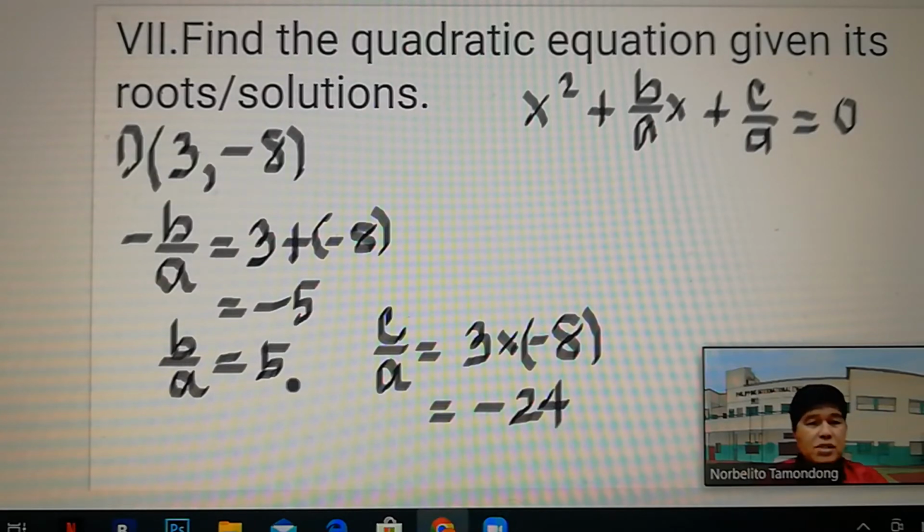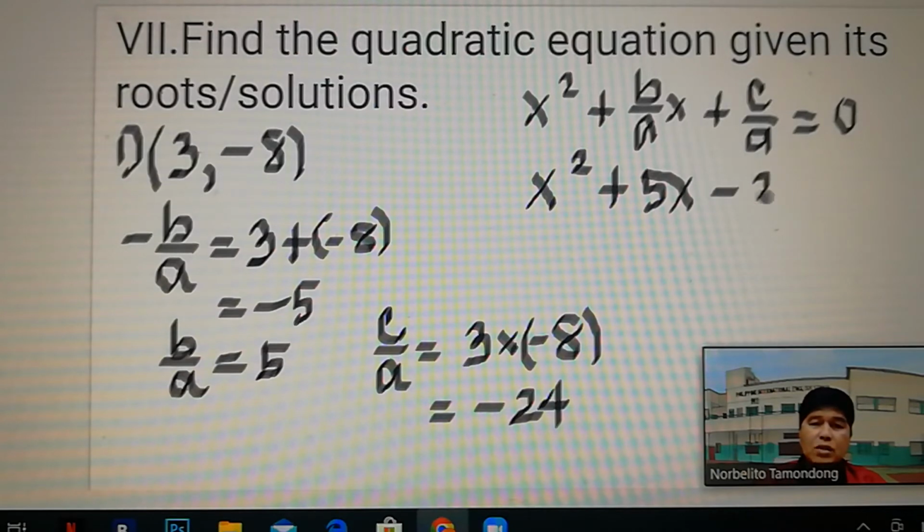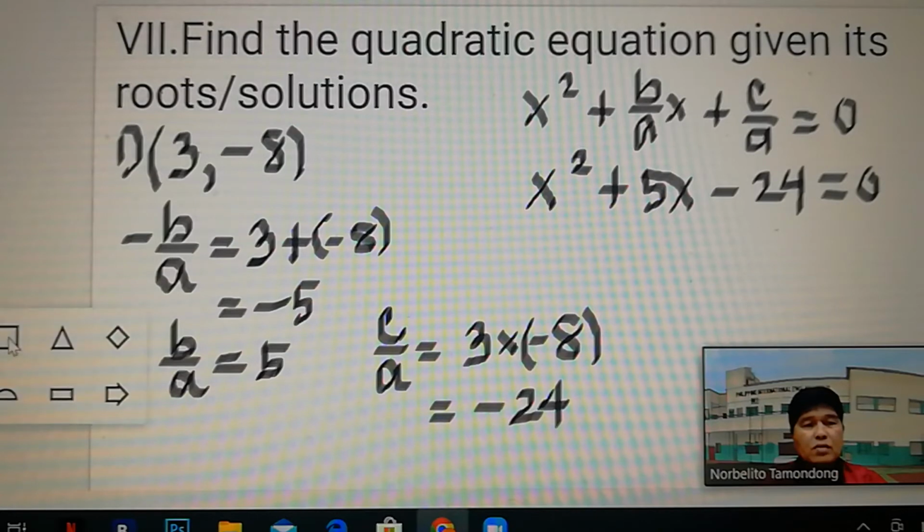Just substitute these two, 5 and negative 24, to the equation x squared plus b over a x plus c over a equal to 0. Simply copy x squared, plus b over a, which is 5, so this is now 5x. Then c over a is negative 24, so replace this by negative 24, equal to 0. This is now the quadratic equation whose roots are 3 and negative 8.